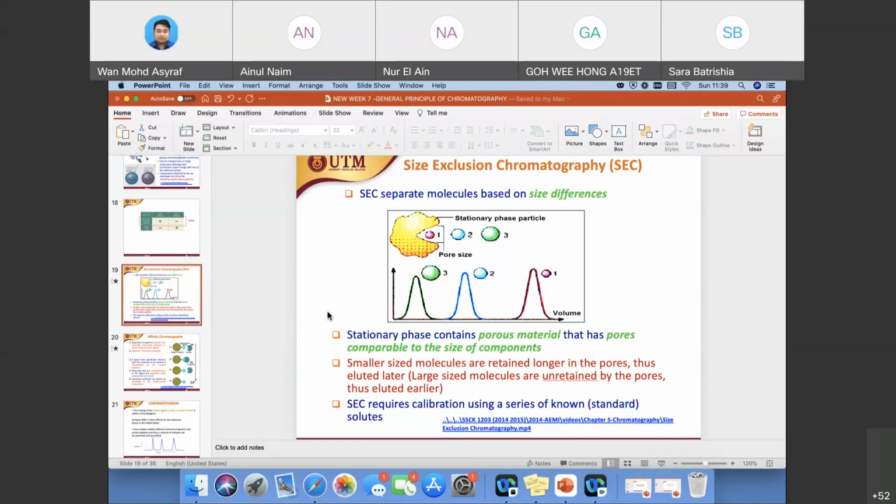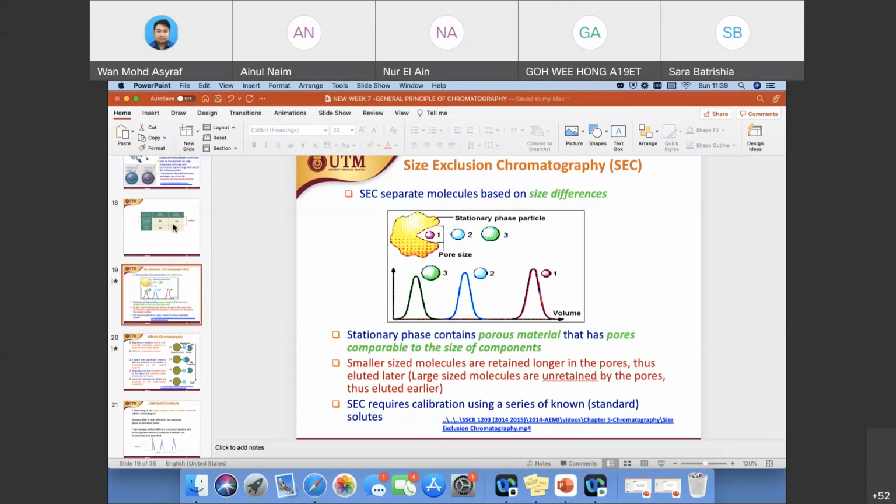So if your analyte is much bigger than the pores of the stationary phase, it will not have any interaction, thus it will elute much faster.